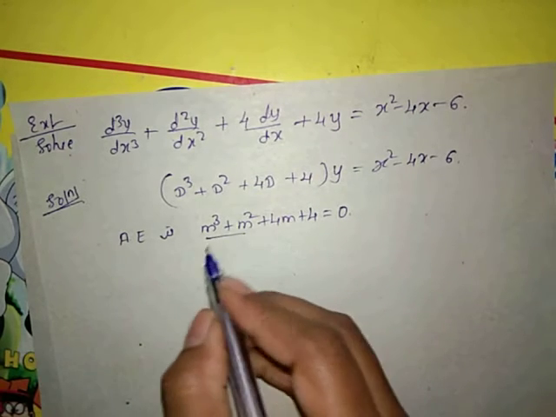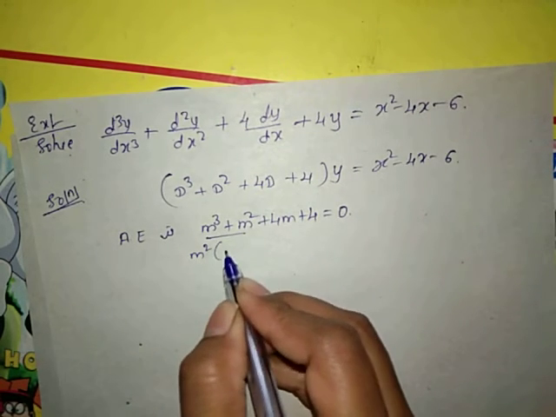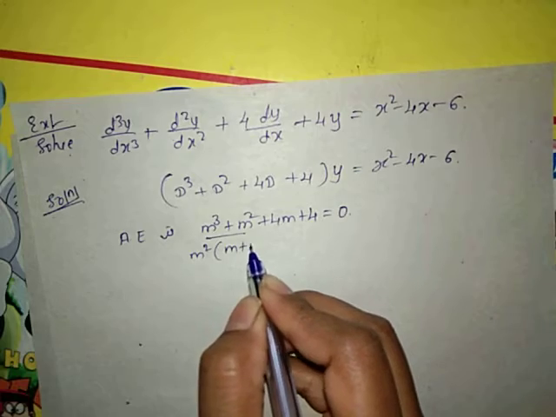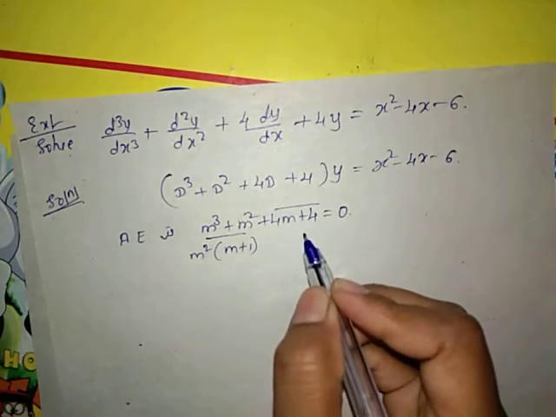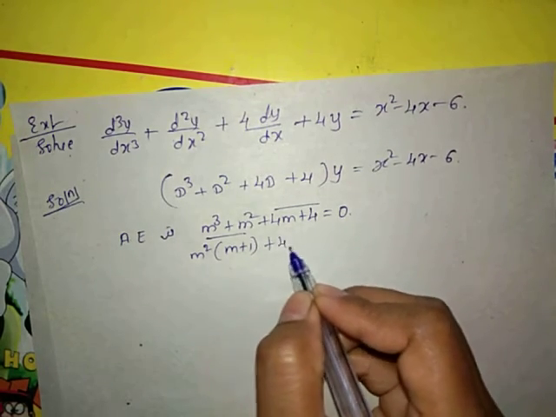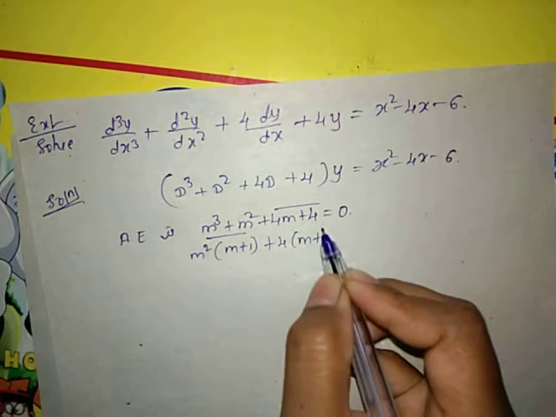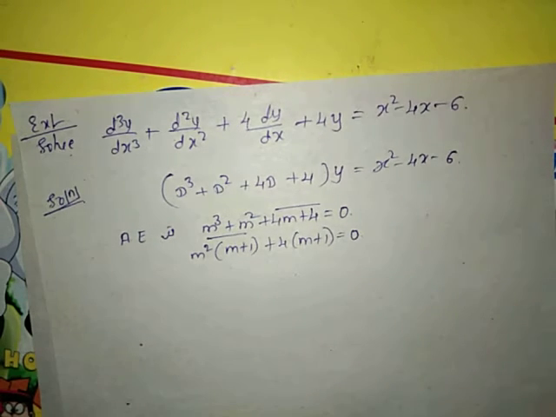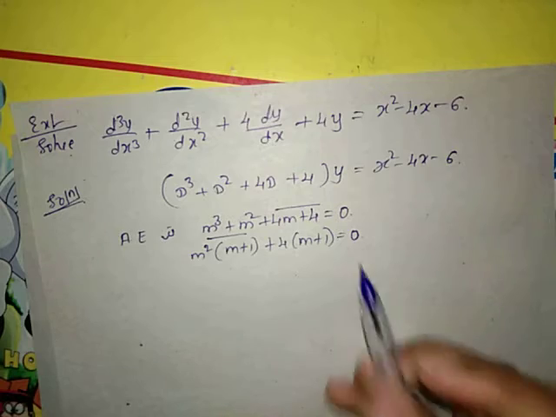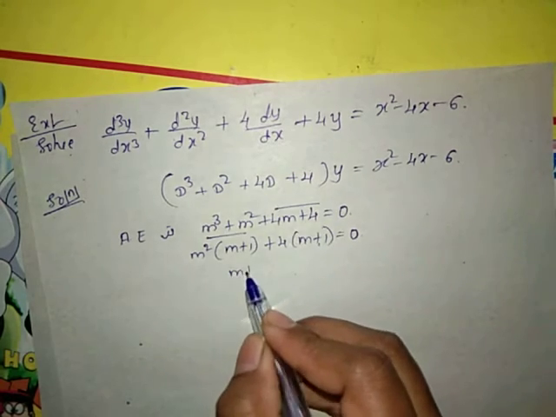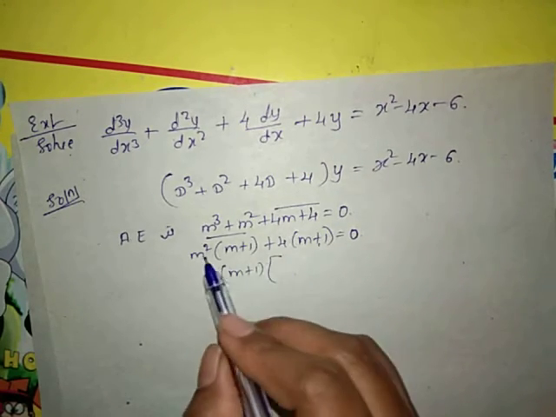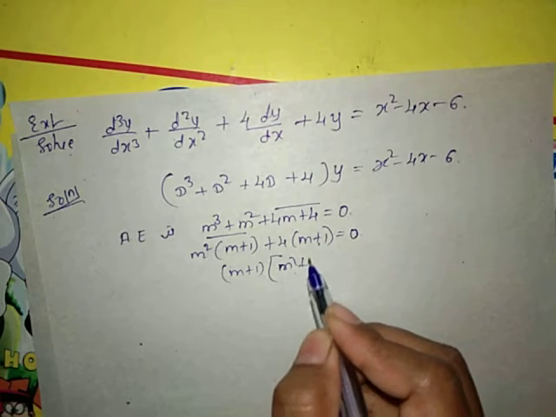In these two terms I am taking m square common, remaining is m plus 1. In these two terms I am taking 4 common, remaining is m plus 1, equal to 0. So m plus 1 taken common outside, remaining is m square plus 4.